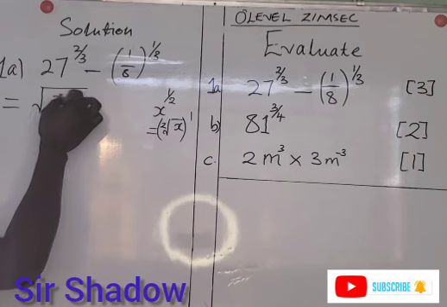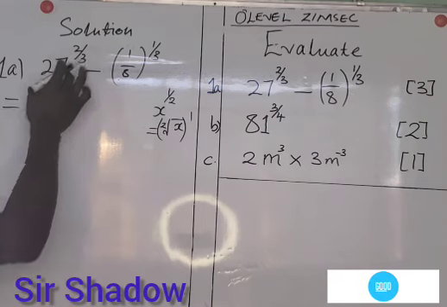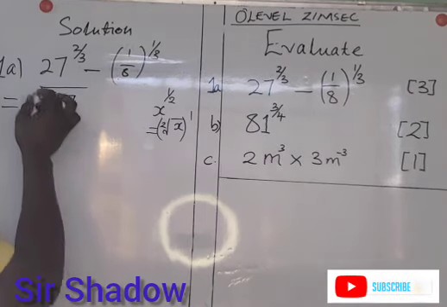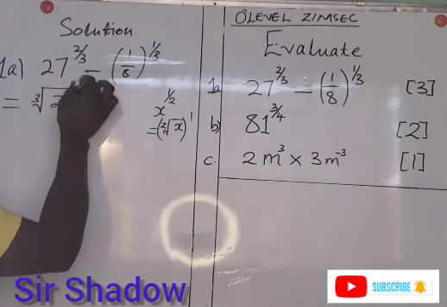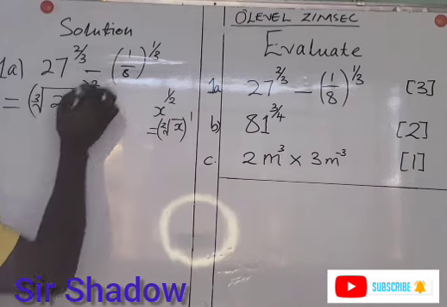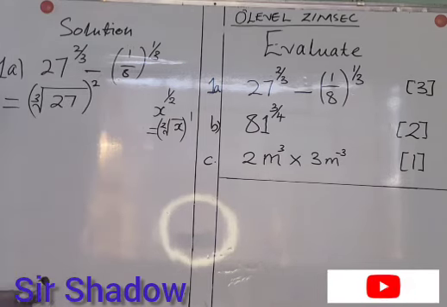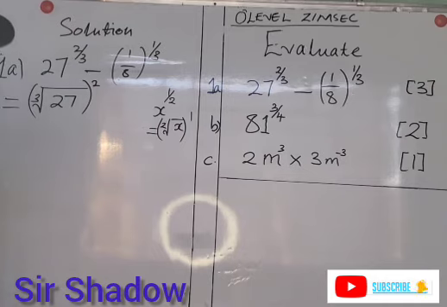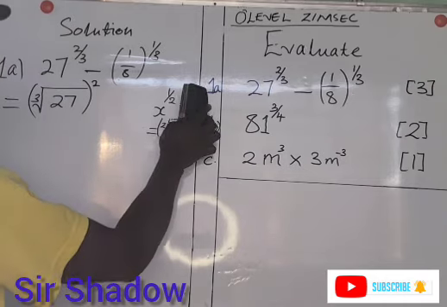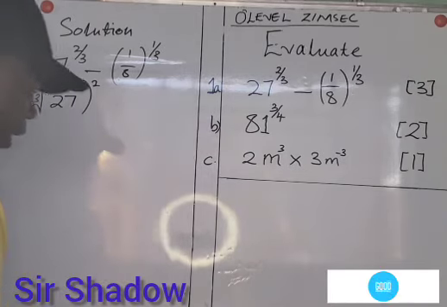So 27 goes inside the root, the denominator of the power becomes the index of the root, then to the power 2. Remember, the 2 on the power remains the power.